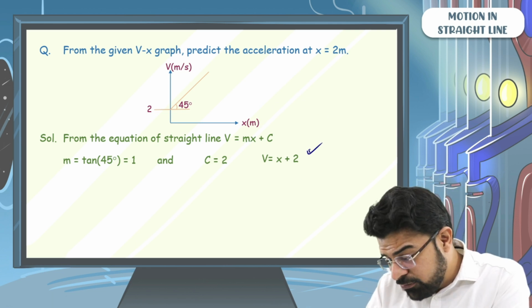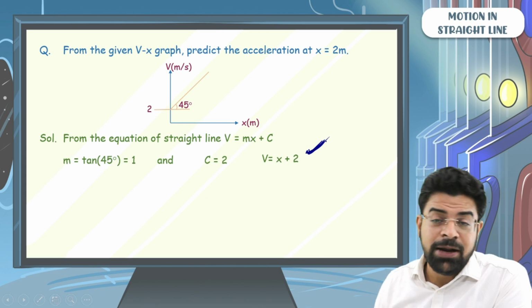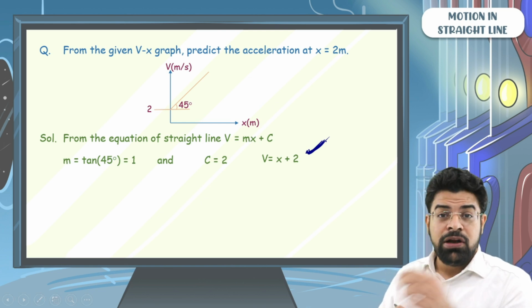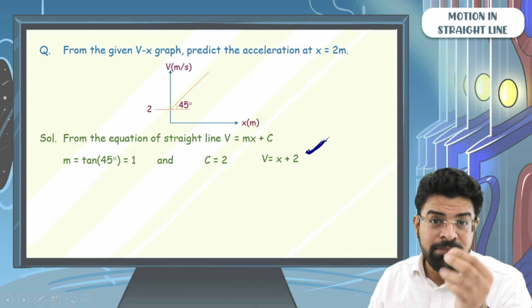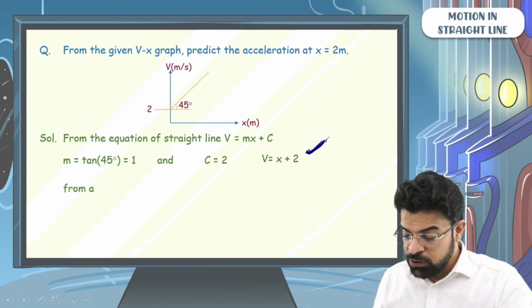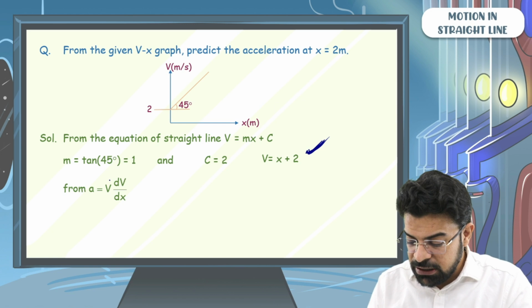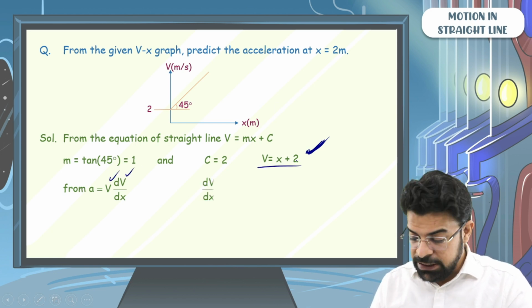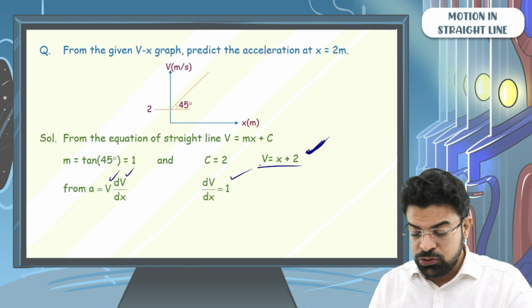Now, once you have the relationship between velocity and position, you can find out dv by dx. If you know dv by dx and you know v, multiplying them, you know the acceleration. So acceleration equals v into dv by dx. If you differentiate both sides, we get dv by dx equals 1.